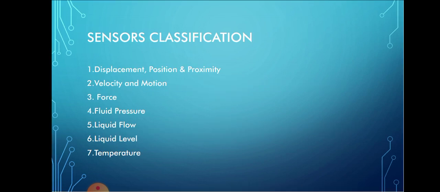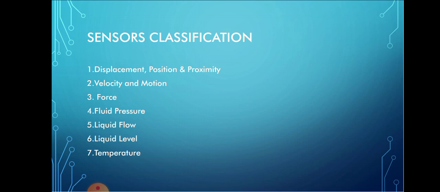Then sensors are classified on the basis of displacement, position, proximity, velocity and motion, then force, fluid pressure, liquid flow, liquid level or temperature. So depending upon which type of input you give to the sensor, the sensors are classified according to those quantities.